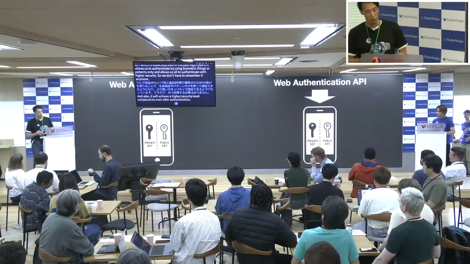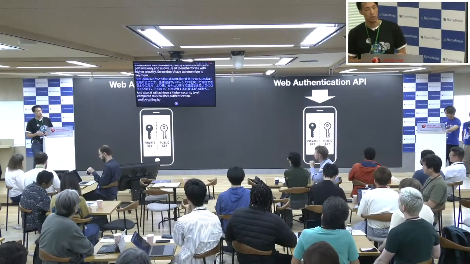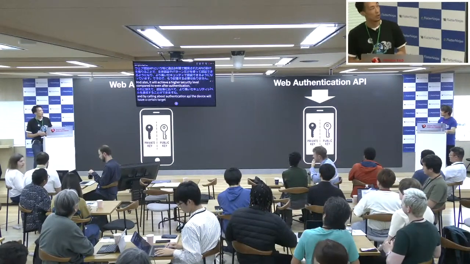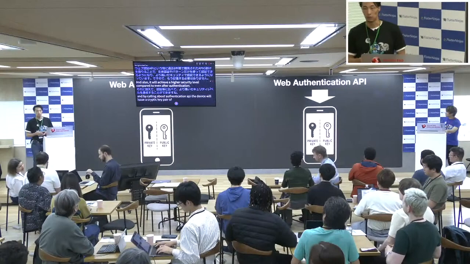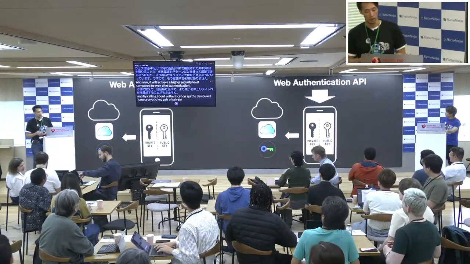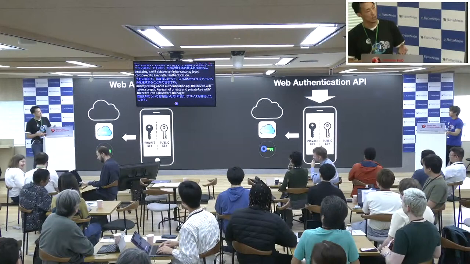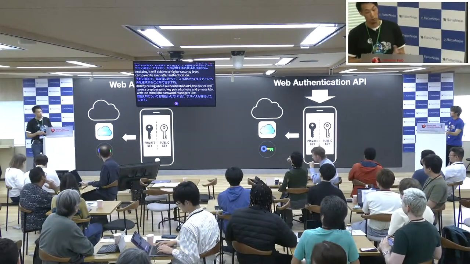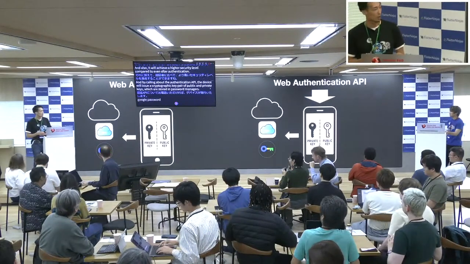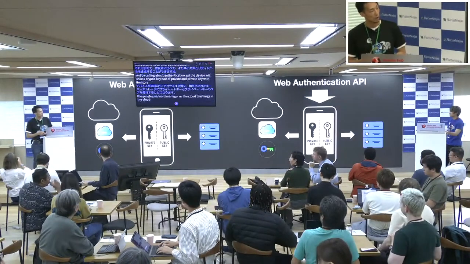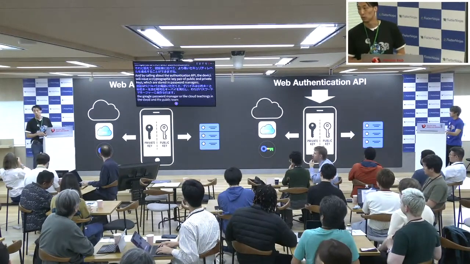By calling the Web Authentication API, the device would issue a cryptographic key pair of a private and a public key. The private key will be stored in a password manager, like the Google Password Manager or iCloud Keychain, in the cloud. And the public key will be stored in your database.